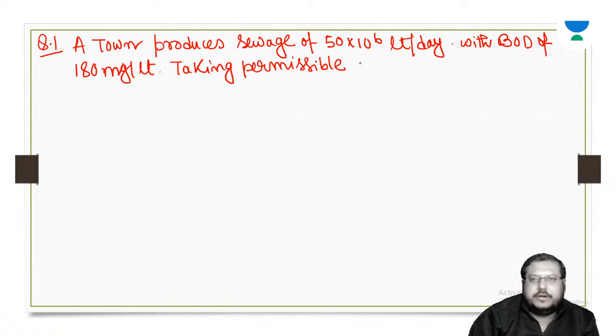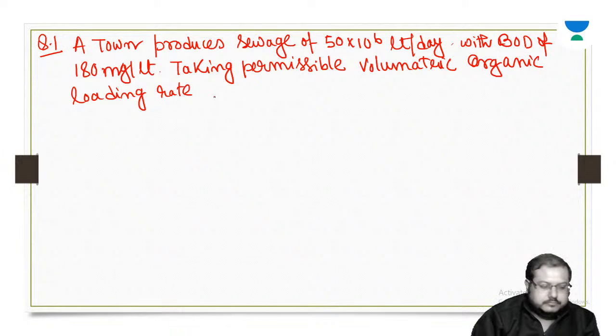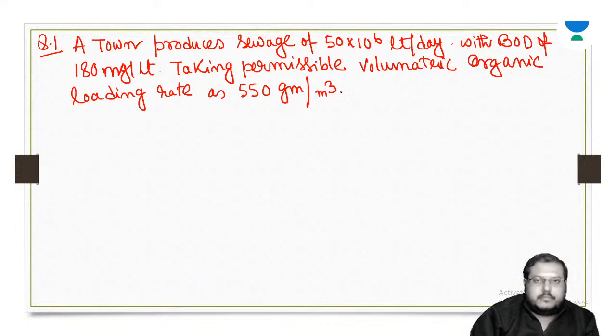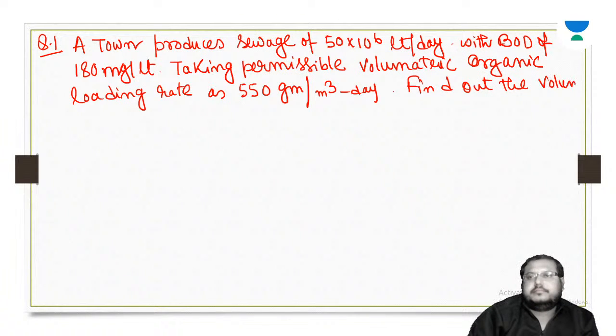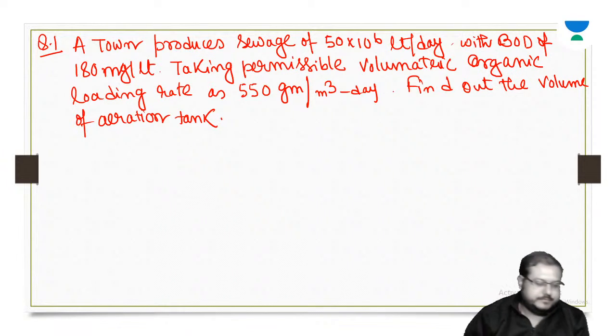Taking permissible volumetric organic loading rate as 550 gram per meter cube day, find out the volume of aeration tank. Solve this question. Question number 1.